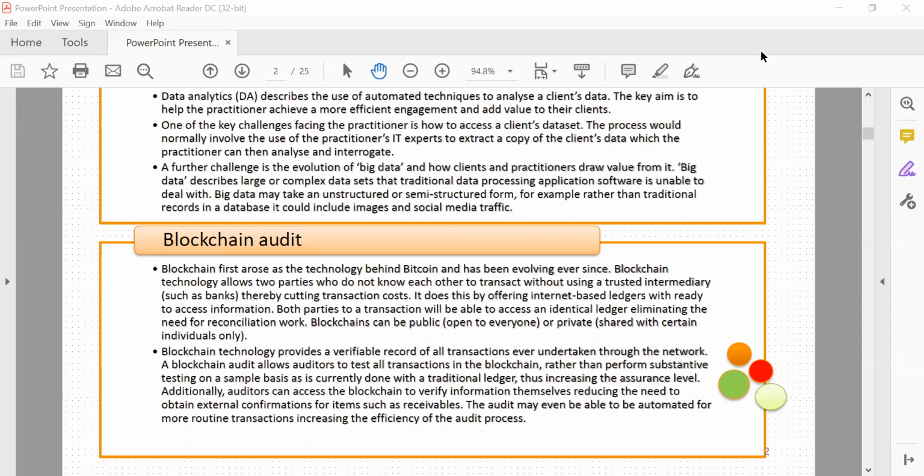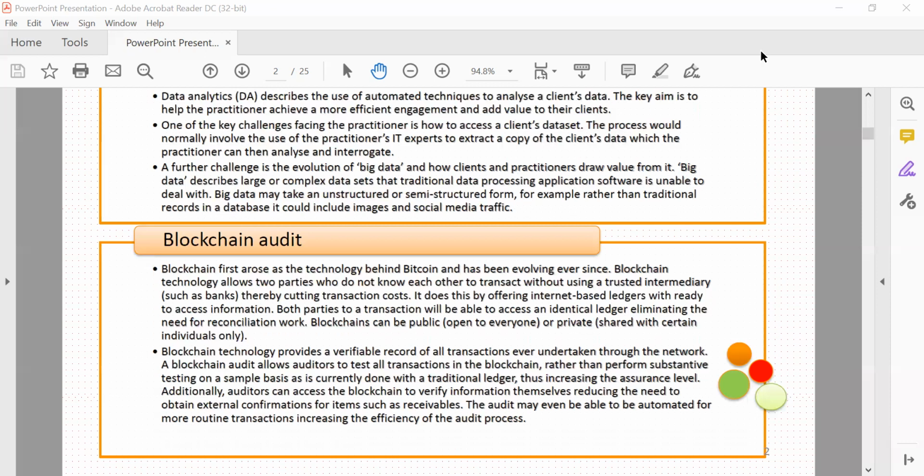The way it takes out the middleman, which is the intermediary, is that it offers internet-based ledgers to the parties to the transaction. These parties are able to access these ledgers, and therefore it eliminates the need for reconciliation work.